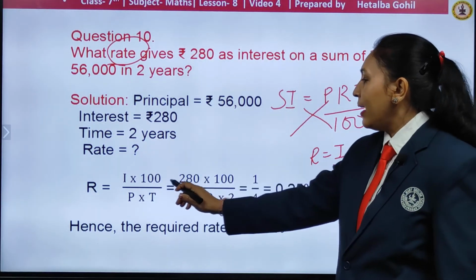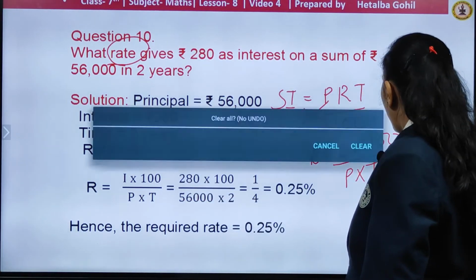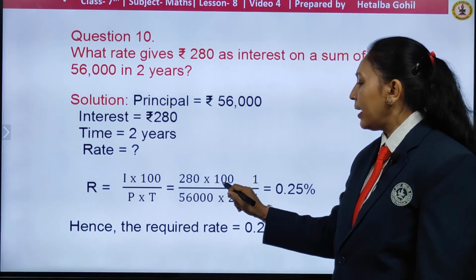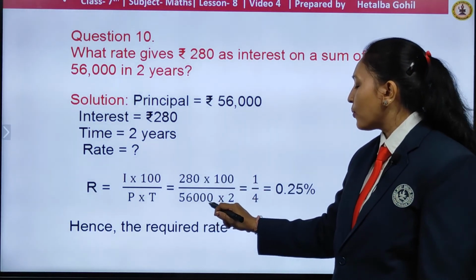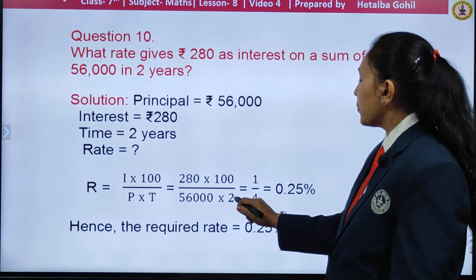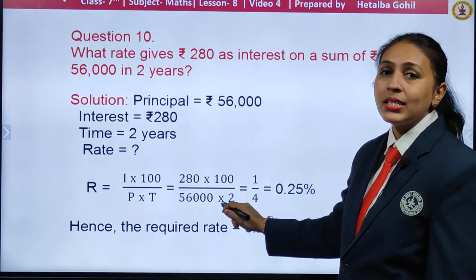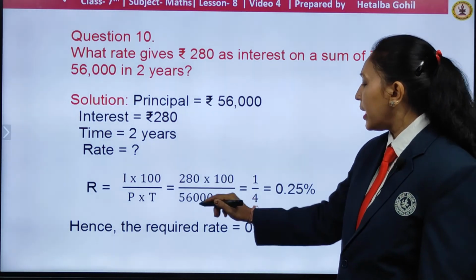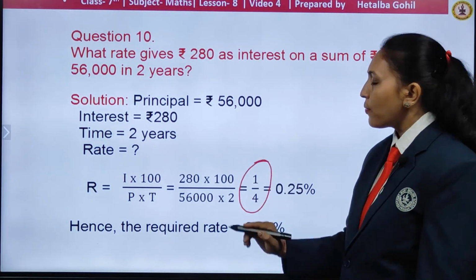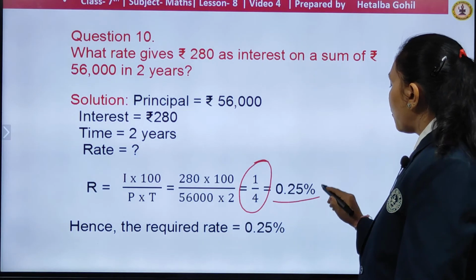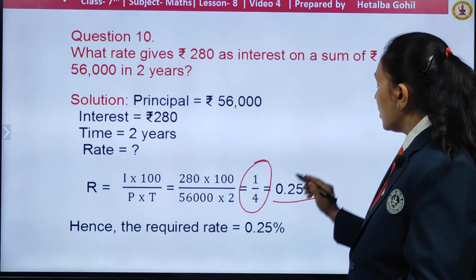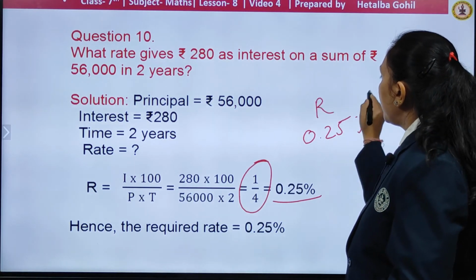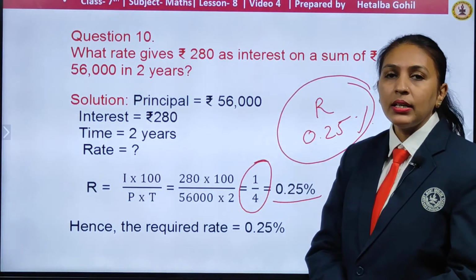According to that, interest into 100 upon P into T, that is 280 multiplied by 100 upon 56,000 into 2. Here 2 is the term, 56,000 is the principal. Now when you reduce it, you will get 1 upon 4, which is equal to 0.25%. So 0.25% is the rate for the given question.